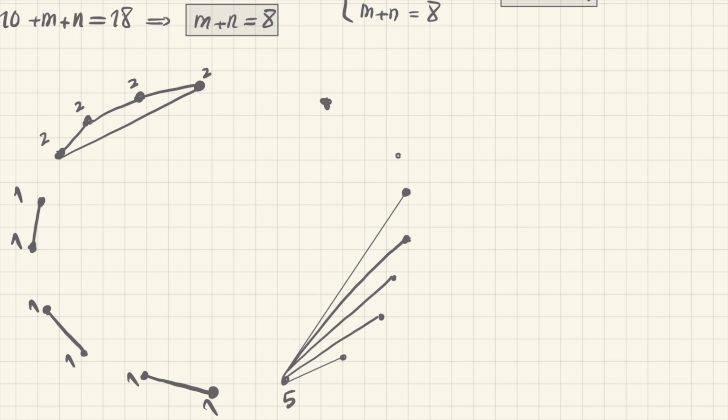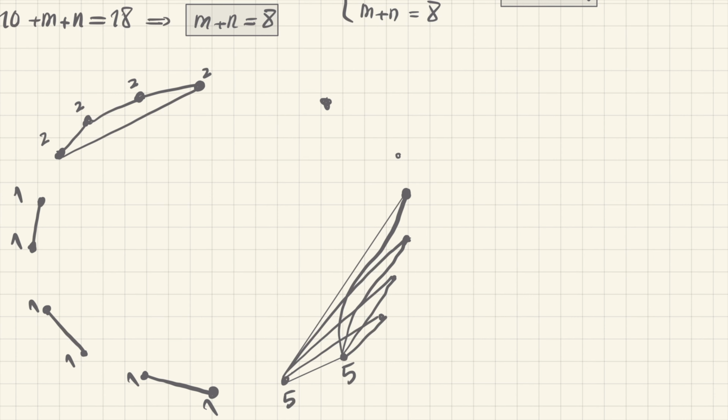So here, this is 5. Let me make this one also 5. So I will connect it to this one, and I will connect this to this one. I will connect this to this one as well. So 1, 2, 3, 4. I will connect this to this one as well. Okay, so this will give me another 5 till now.